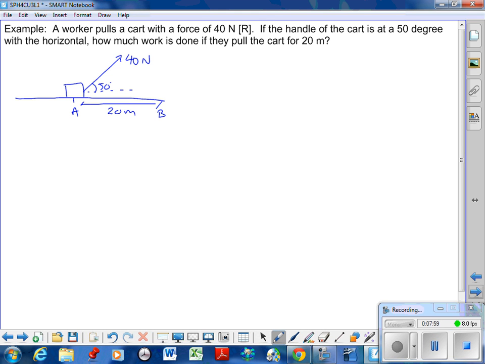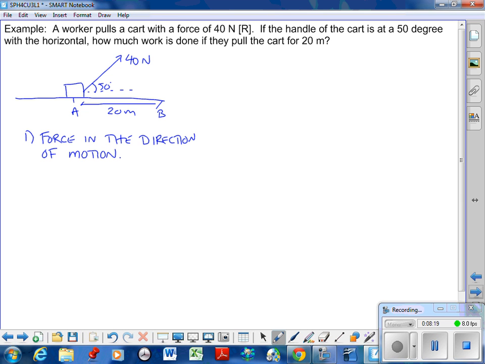So remember the condition: force in the direction of motion. So some of that force is pulling upward on this object.